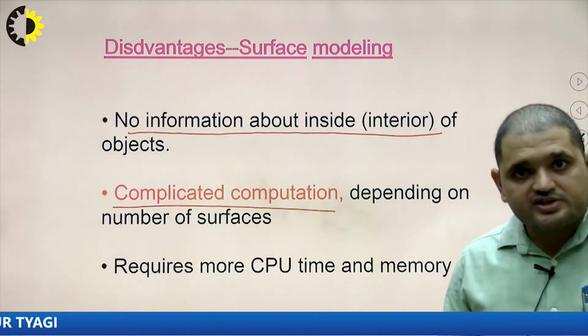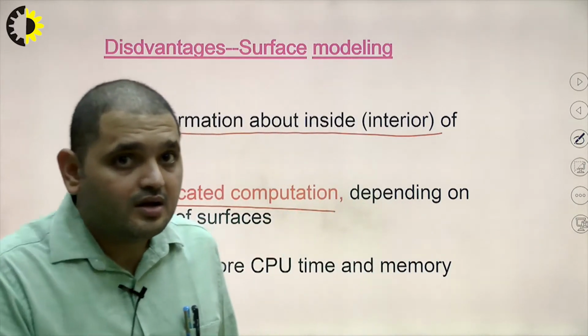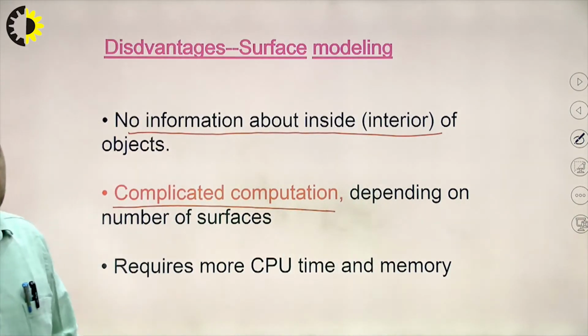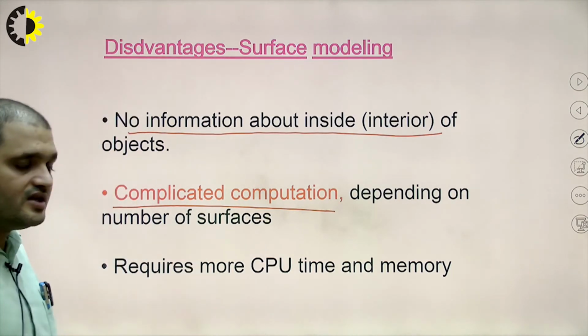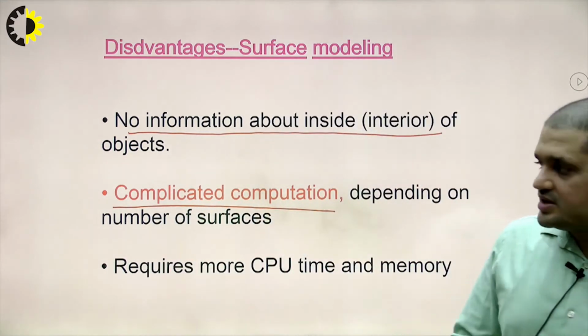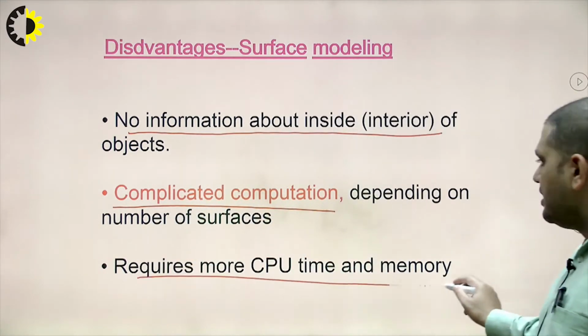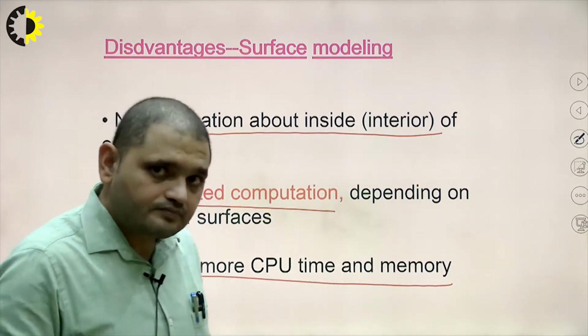Then it requires more CPU time and memory compared to the wireframe model, because it also has to store the information about the surfaces. As surfaces increase, it requires more space and more memory, and that's why more CPU time and memory will be required compared to wireframe models.